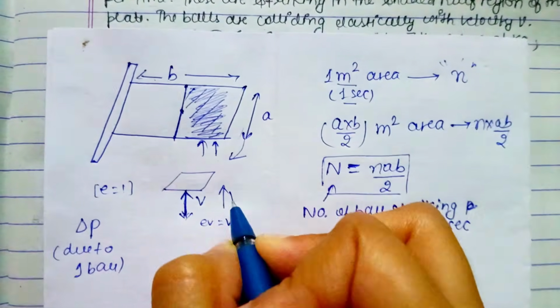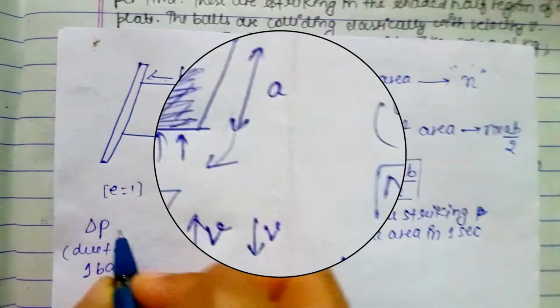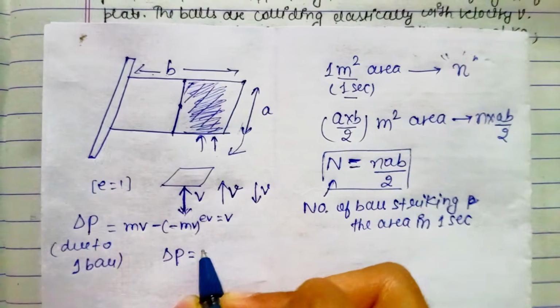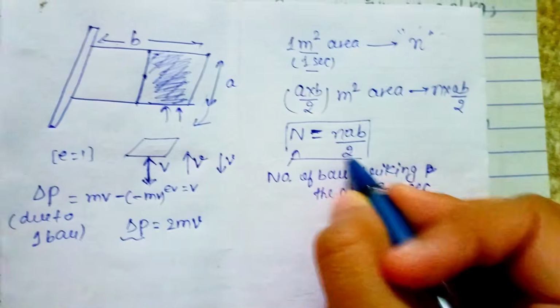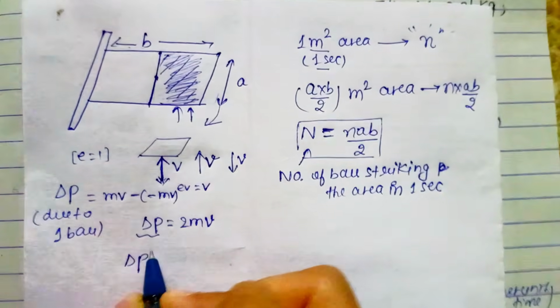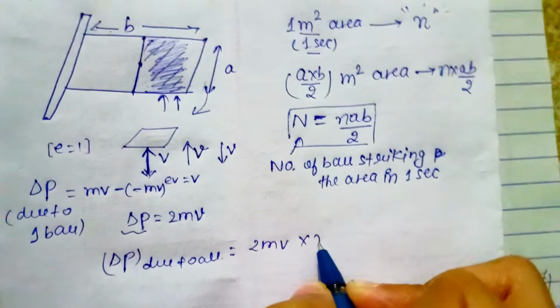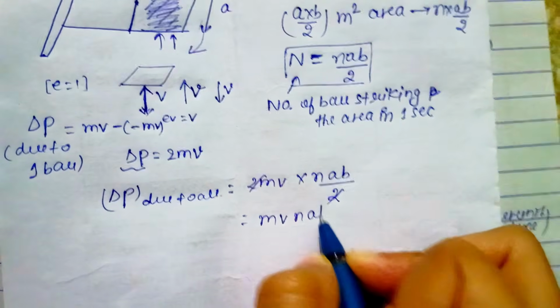So the change in momentum will be mv minus (minus mv), so delta p becomes 2mv. This is due to one ball, and the total number of balls striking is nab by 2. So the change in momentum due to all will be 2mv multiplied by nab by 2, which gives us mvnab.